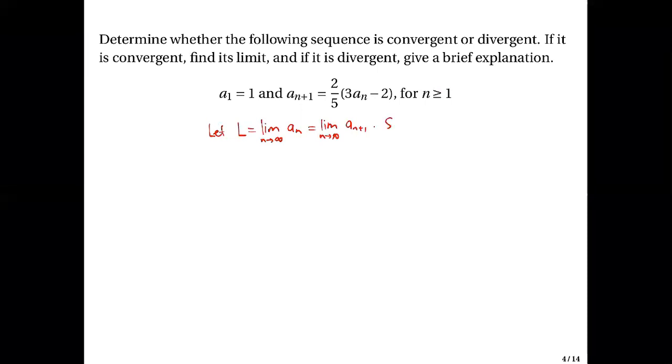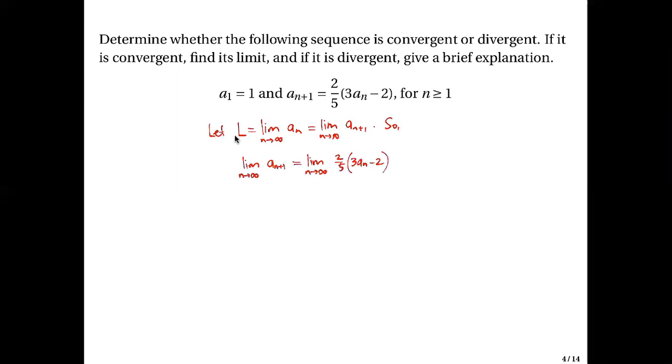So if we get the limit of this guy, this is equal to the limit of the other guy. So the limit as n approaches plus infinity of a sub n plus 1 is equal to the limit as n approaches infinity of 2 over 5 times 3 a sub n minus 2.